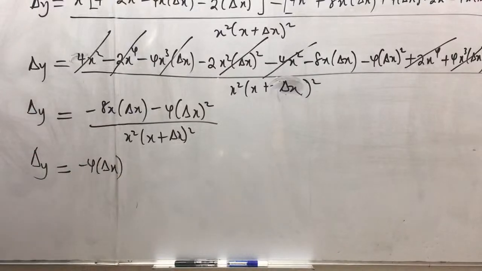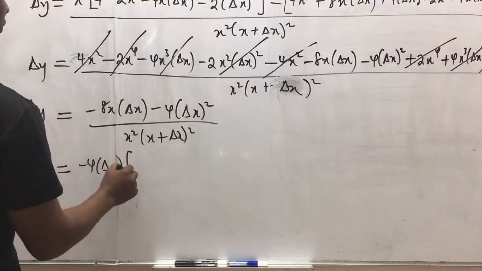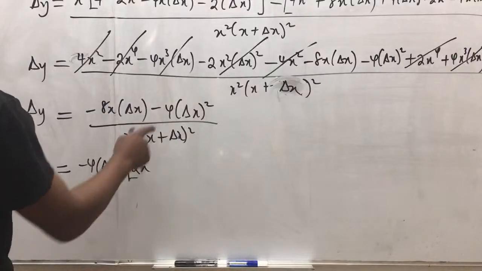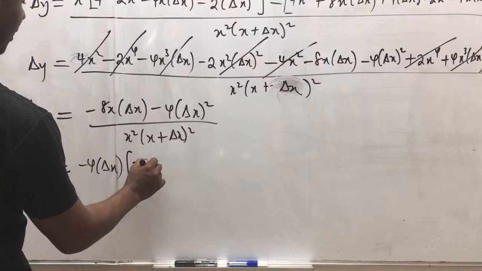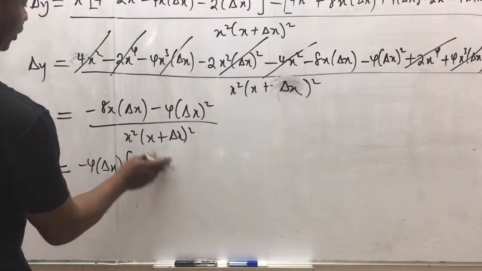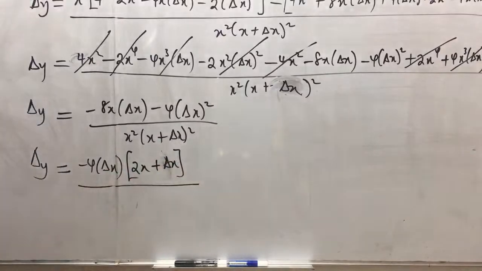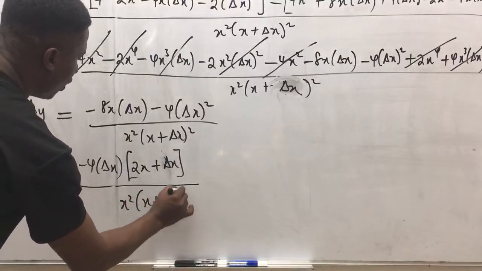If minus 4 change in x comes out from the first term, what will be left will be 2x. And if minus 4 change in x comes out from the second term, I'm going to have plus 1 plus change in x. That's what I'm going to have. Okay? All these over x squared in bracket x plus change in x all squared.